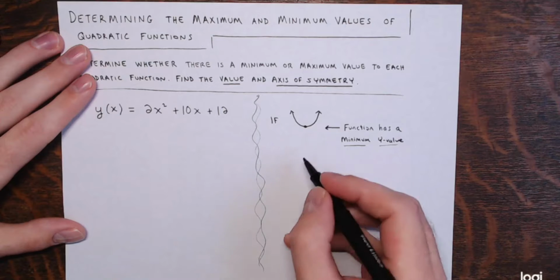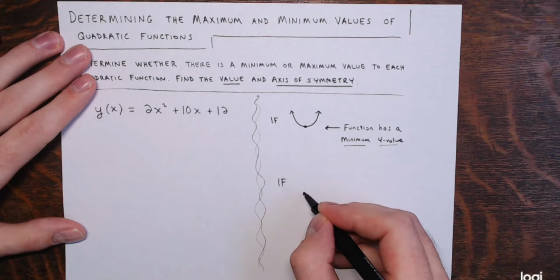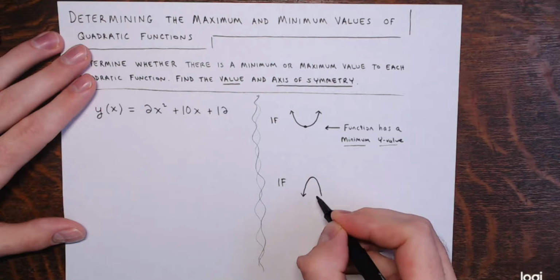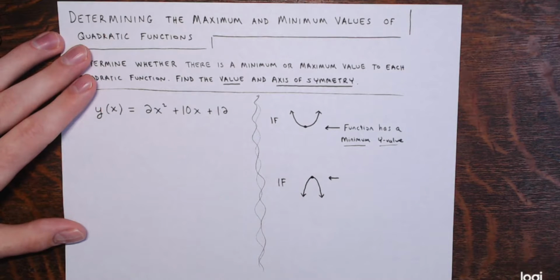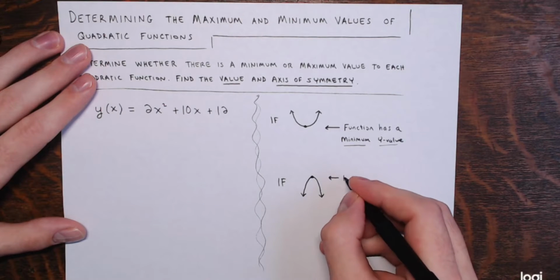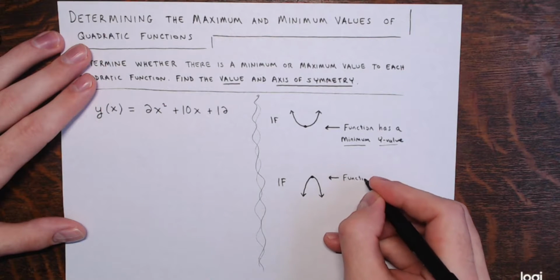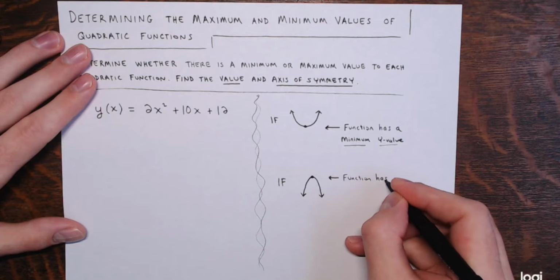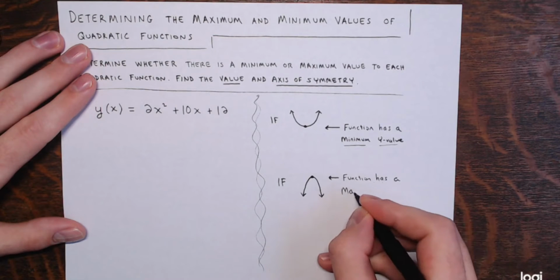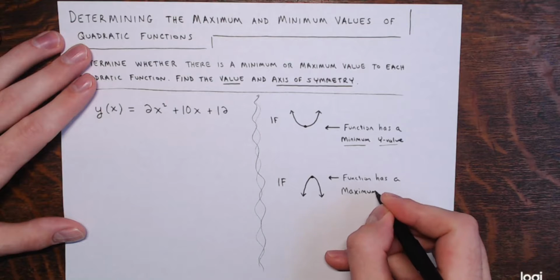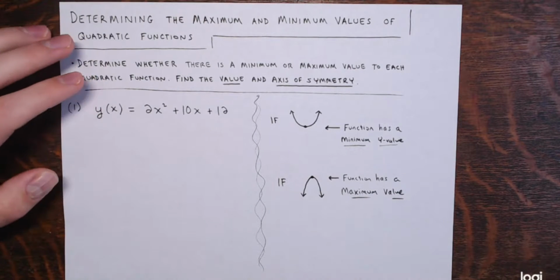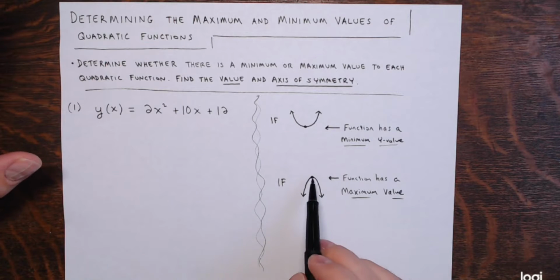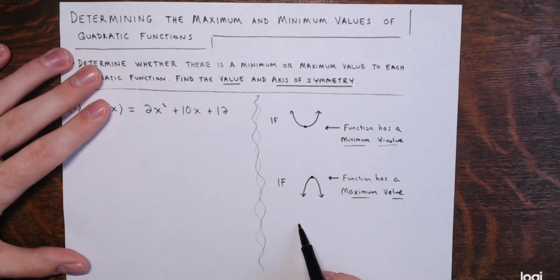Now, if the parabola is opening down, then the function has a maximum value, or a maximum y coordinate, the highest y coordinate. And notice that this maximum value and minimum value occur at the vertex.